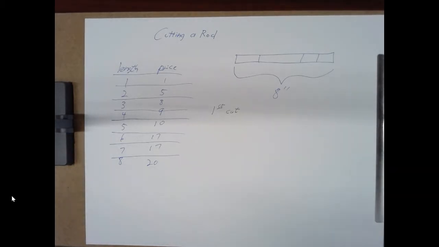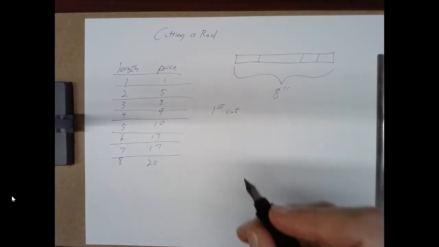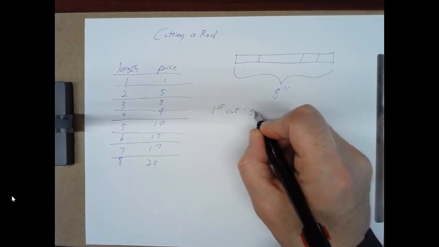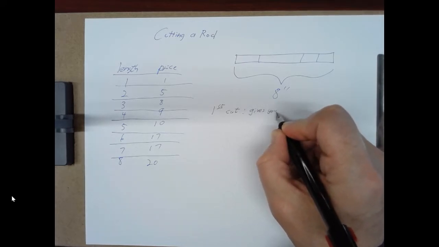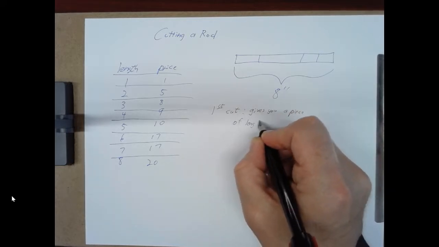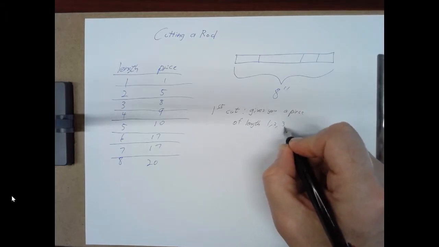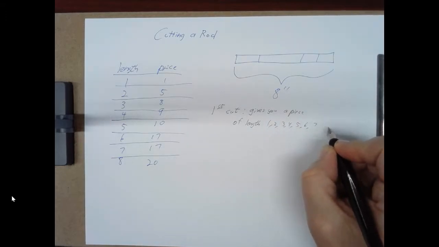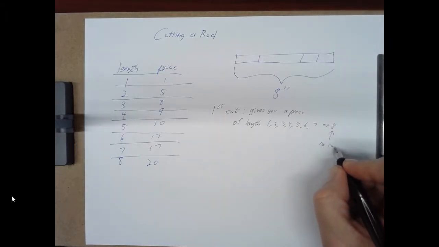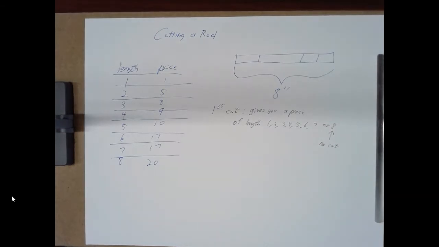The first cut you make is going to give you a piece of length 1, 2, 3, 4, 5, 6, 7, or 8 if you choose to just pretend you're cutting it. Right? Don't actually cut it. Put it in the machine, but don't let any of it go under the blade and cut off 0 inches, and so you're left with a piece that's 8 inches long.